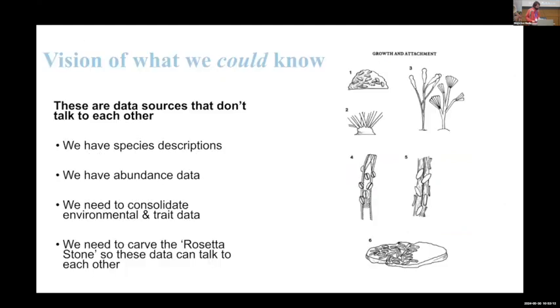So a vision of what we could know is we have species descriptions, abundance data, we need environmental and consolidated trait data, so I want to make this diatom Rosetta Stone. So we have those 3 data sources, and they just don't talk to each other right now.